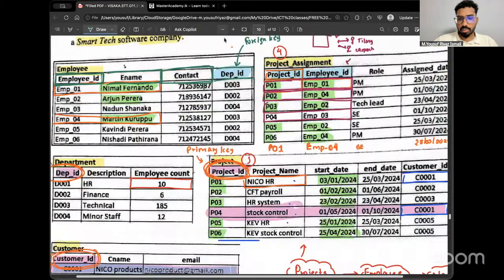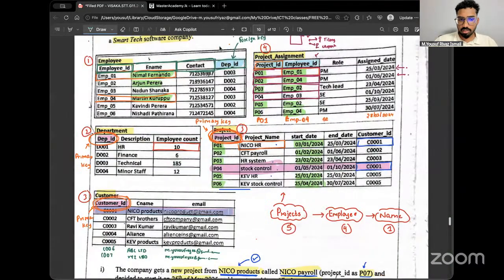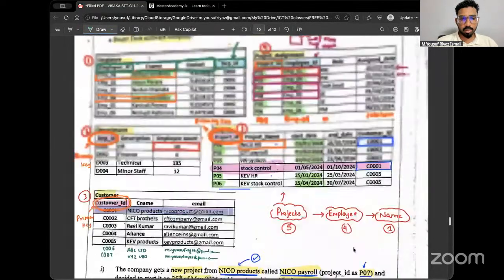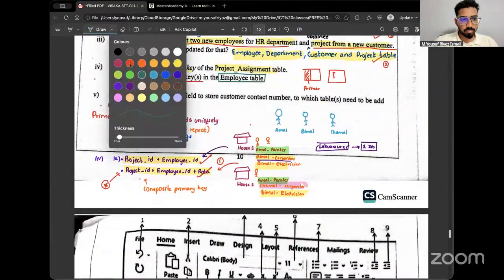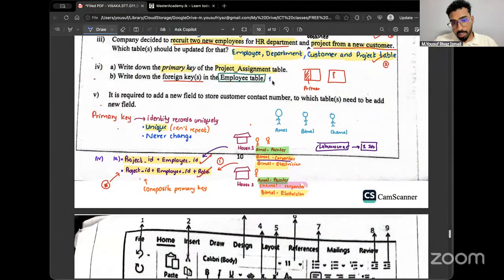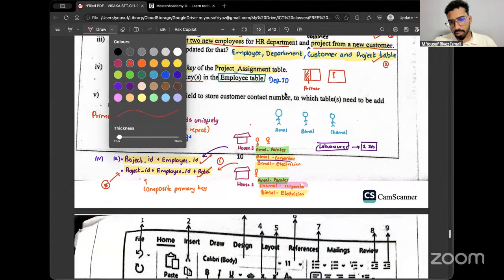And if you're wondering whether ename can be a primary key here also, it can't be, because there can be two employees with the same name. There can be two people with the same first name, same last name as well. So you can't take name. So the answer there is going to be department ID. So if you mention department ID, mark it correct. Put one mark there.